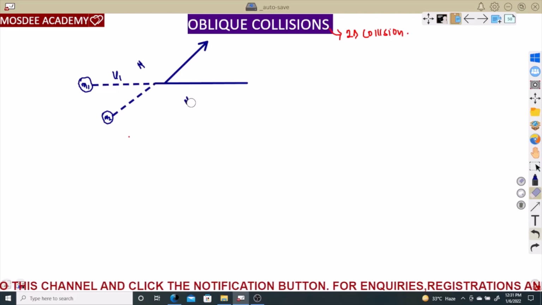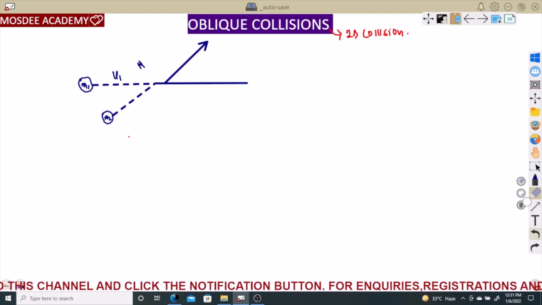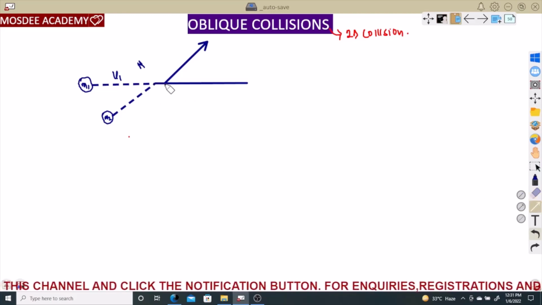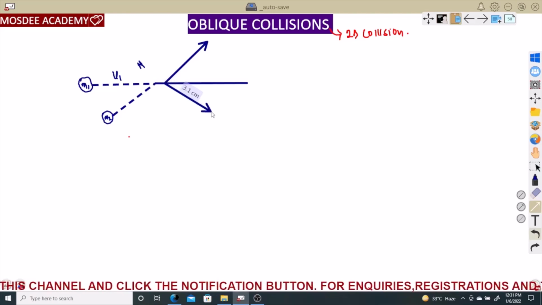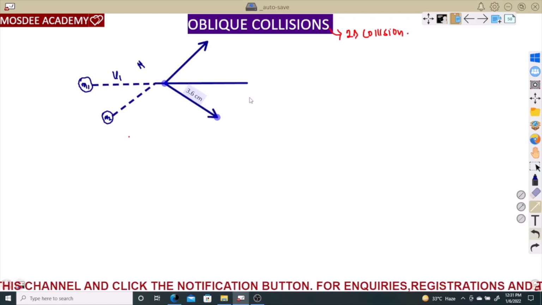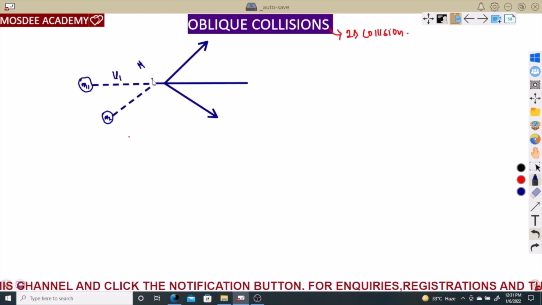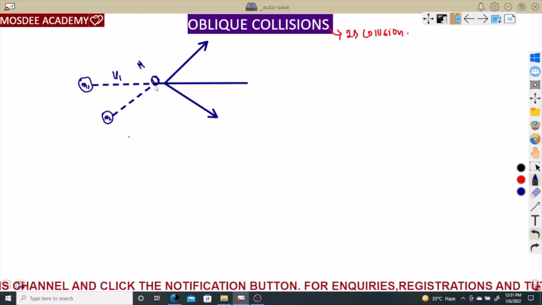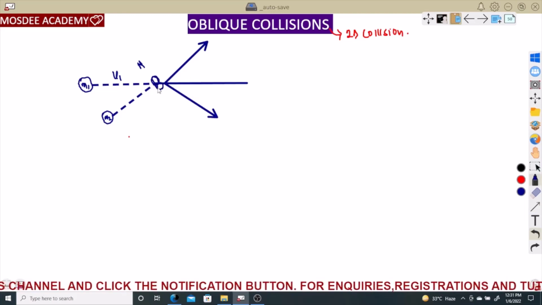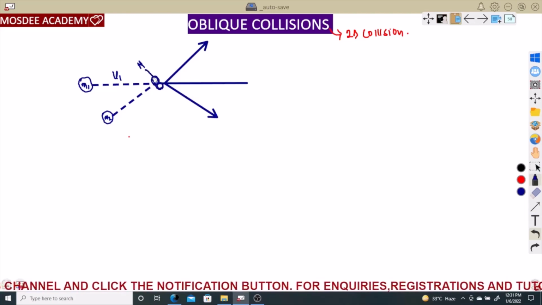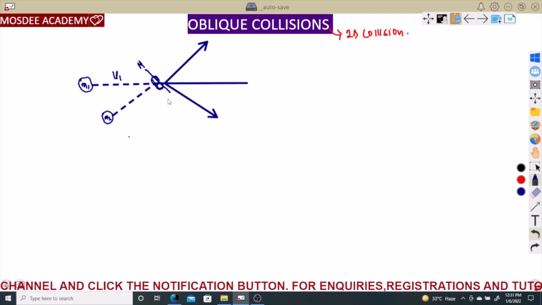The second body, let me just do that first. Most like this. This is the point where the 2 bodies are colliding, just for illustration's sake, guys, with the normal reaction acting between them.